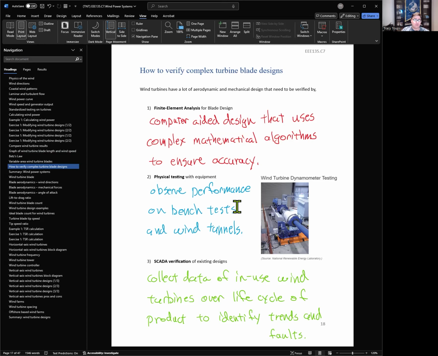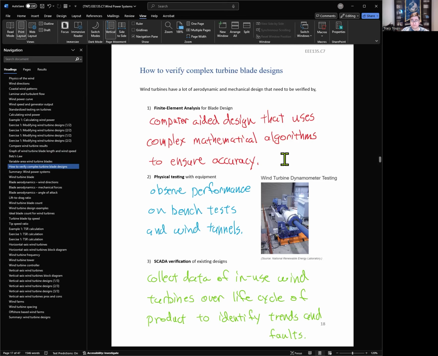Okay. And once we make a design, we have to verify that from a mathematical modeling standpoint, it works. Okay. One way we could do that is called finite element analysis for mechanical systems, or blade design in this case. It's a computer-aided design that uses very complex mathematical algorithms to ensure very precise accuracy of the air flowing over the blade.